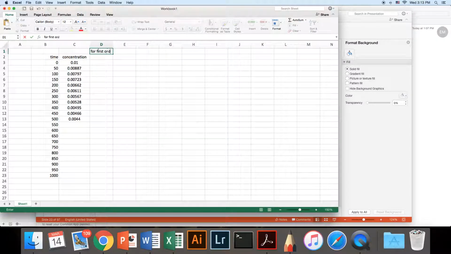For first order, this is going to be the natural log of the concentration of A at time t. And for second order, can you see what I'm writing on my screen? This is going to be 1 over A at time t.